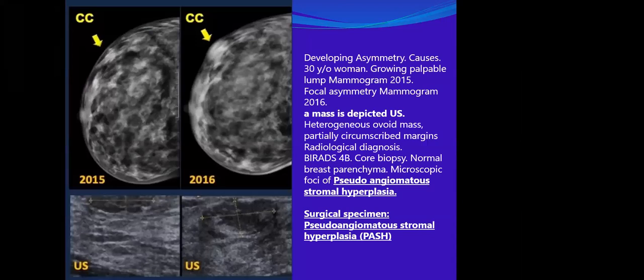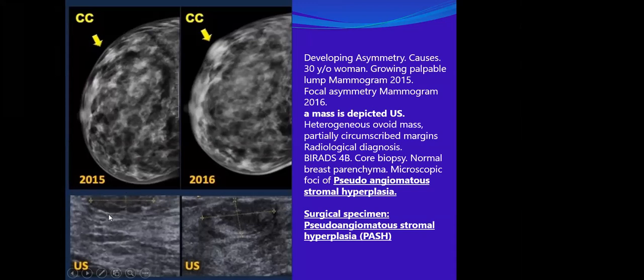Okay, and here this is an example of a benign developing asymmetry due to benign tissue or benign lesion, which is pseudoangiomatous stromal hyperplasia. Look here, this is the earlier mammogram, and the follow-up mammogram demonstrates this area of focal asymmetry or developing asymmetry.